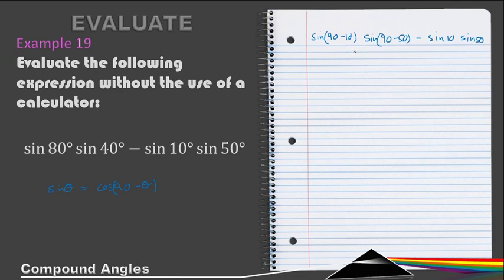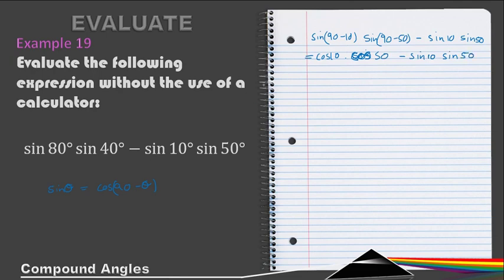Right, so now we use the reduction, and reduction says that if this is a 90, then sine changes to cos. So this would then be cos 10 times sine, this changes then to cos, which is cos 50, minus sine 10 sine 50.